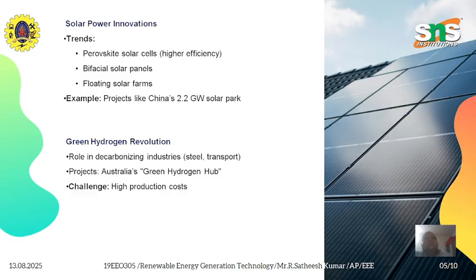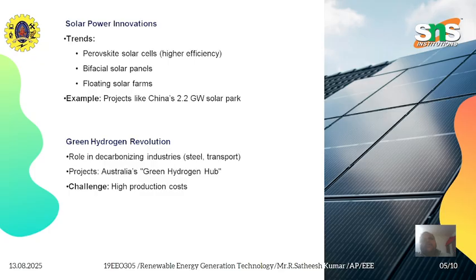Then the solar power innovations. In that, perovskite solar has higher energy efficiency compared with the normal traditional solar. Then bifacial solar panels are also available, and in some places floating solar farms are being introduced.